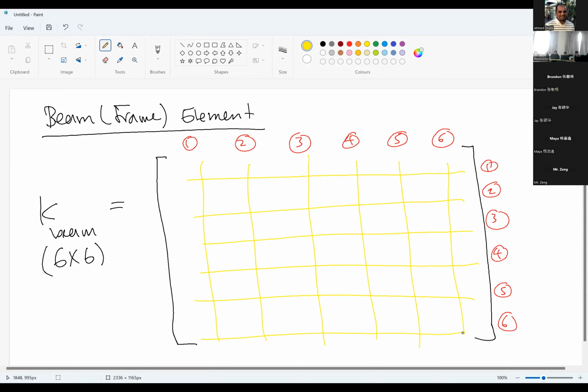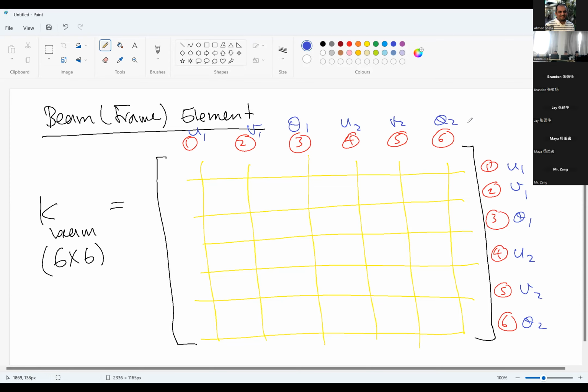So if we write down from our last step, we have here U1, V1, theta 1, U2, V2, theta 2. So the order of them, we start with the horizontal displacement, then the vertical displacement, then rotation.